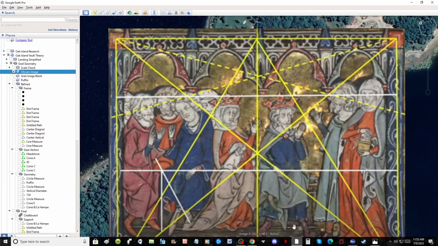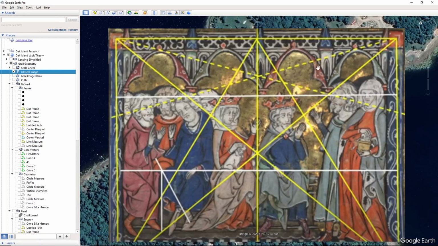But this is the geometry that was developed by Gazbo, and he did this about a year ago, and Olivier just picked up on it recently. This is the geometry that Olivier drew up according to Gazbo's instructions, and this is a screenshot from his video. Now, I've overlaid this according to what it reveals, which I'll be showing you.